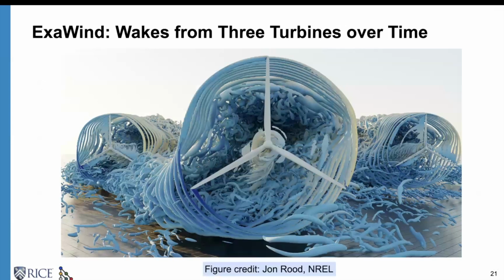The ExaWind project, which is part of ECP, is modeling wind turbines. What this figure from John Rood at the National Renewable Energy Laboratory is showing is the wakes of 3 wind turbines over time.